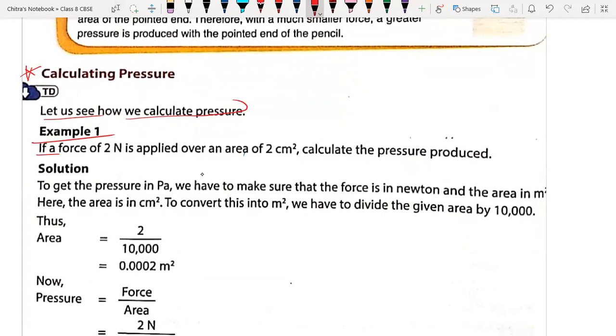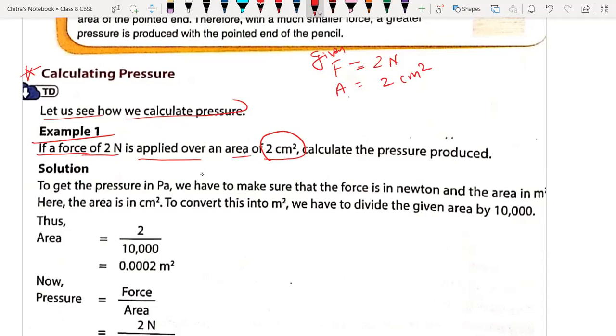Example first. If a force of 2 Newton is applied on an area of 2 centimeter square. It is given that force F equals 2 Newton, so I'm writing here area equals 2 centimeter square.